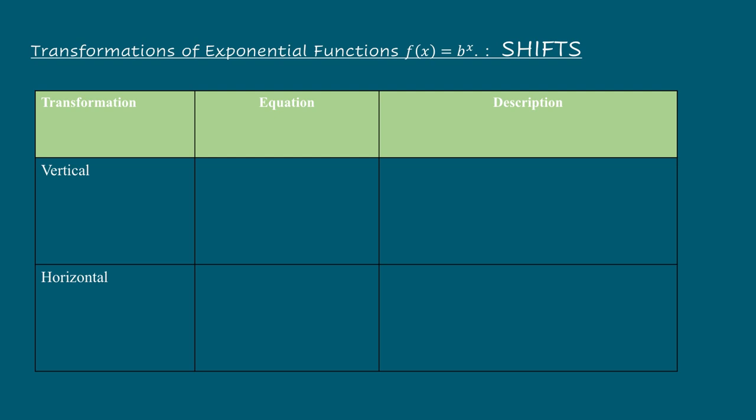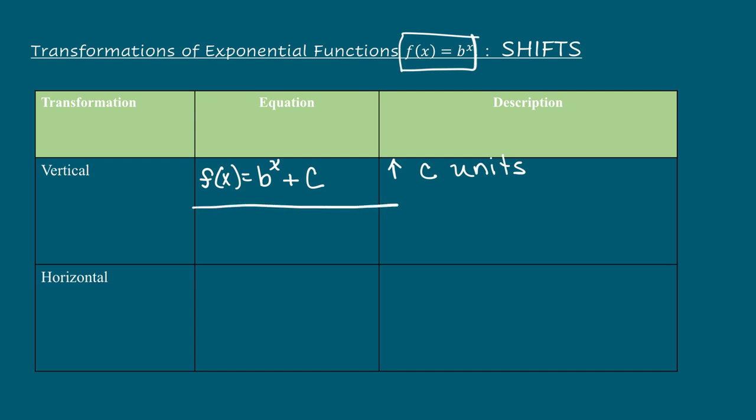So an exponential function in its basic form, f of x equals b raised to the x power, if we take the function f of x equals b raised to the x power and add a constant, that will shift the function up c units. So whatever constant value gets added, that is how many units it will shift up.